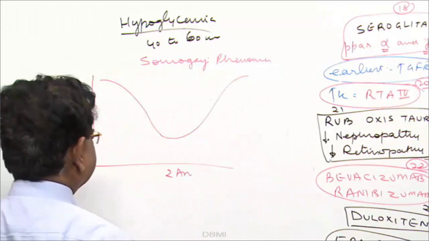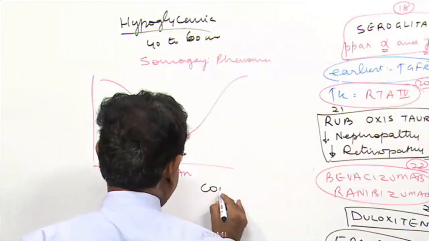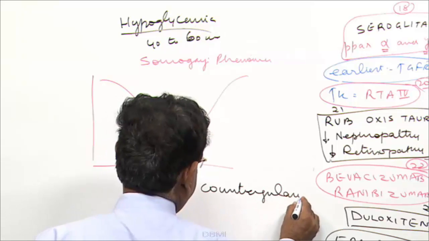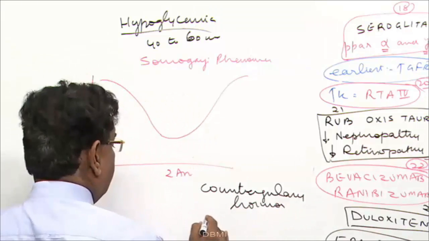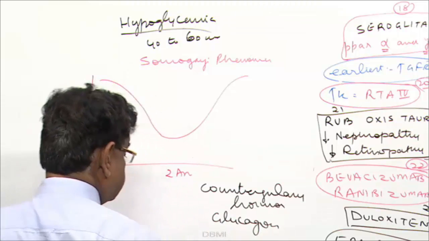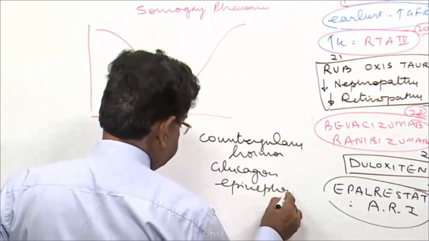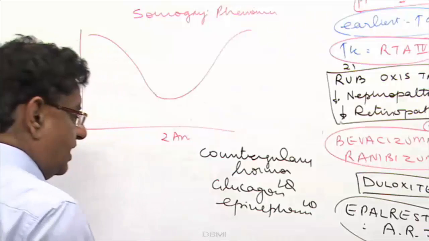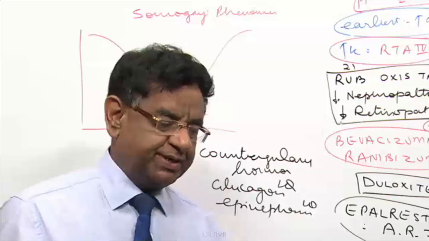But the earliest counter-regulatory hormone is always glucagon, and soon comes epinephrine. This is the latest question. Earliest to come is glucagon, then comes epinephrine which leads to palpitation, restlessness, sweating.